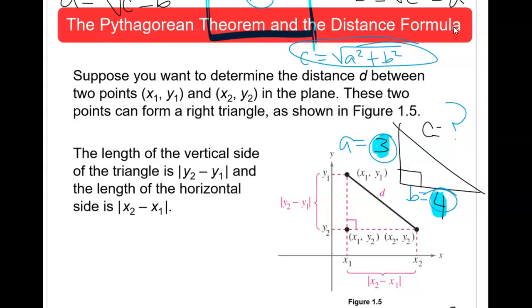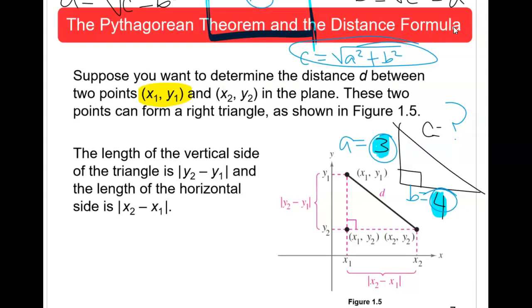With the distance formula, you do not have those numbers. In fact, what you have is a set of 2 points. One point will be x sub 1. That little number is a subscript, and it's just a label. It doesn't have a numerical value.